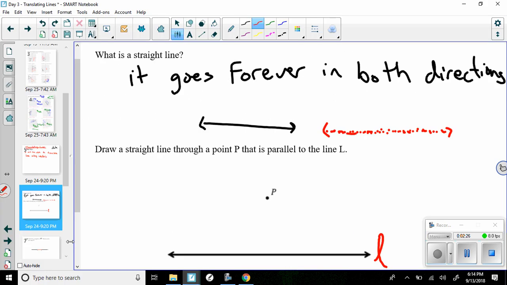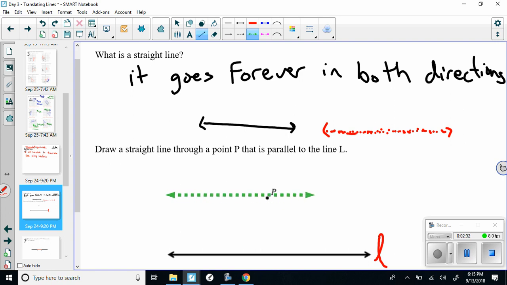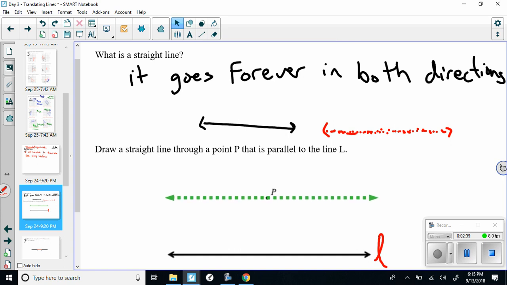So we should get something that looks something like this. And we can call this line, since it's a different line, and it might even be translated line L prime. Okay, sorry, I switched them to capital letters.